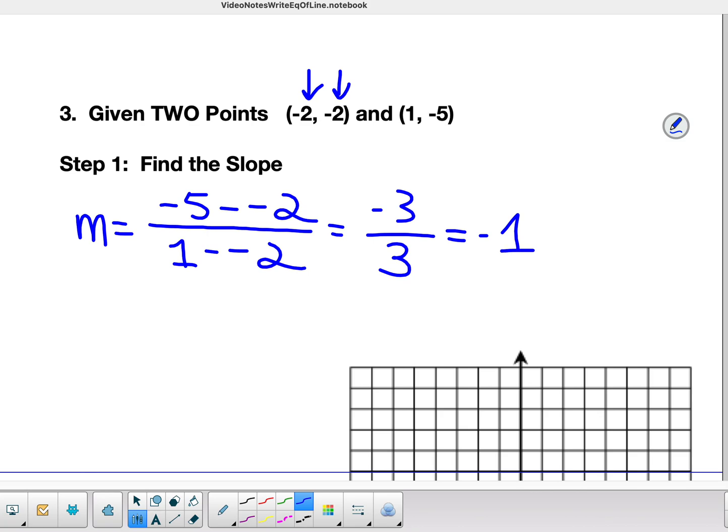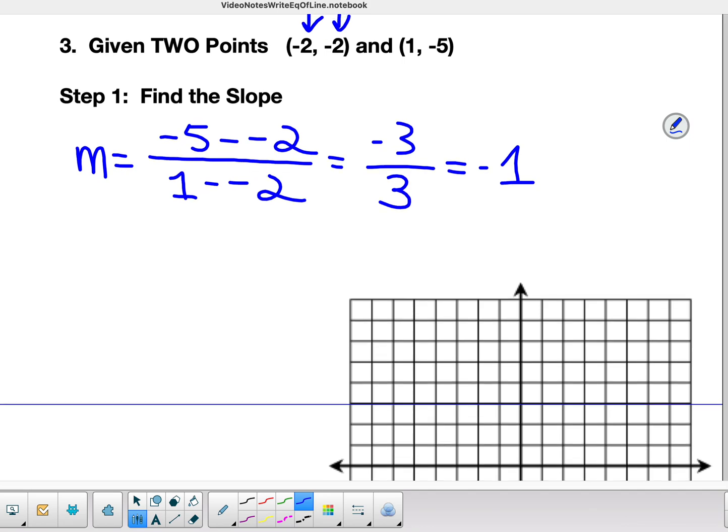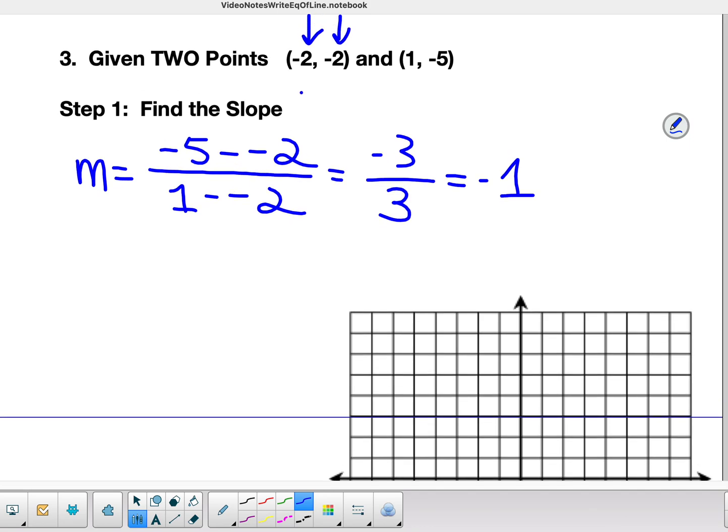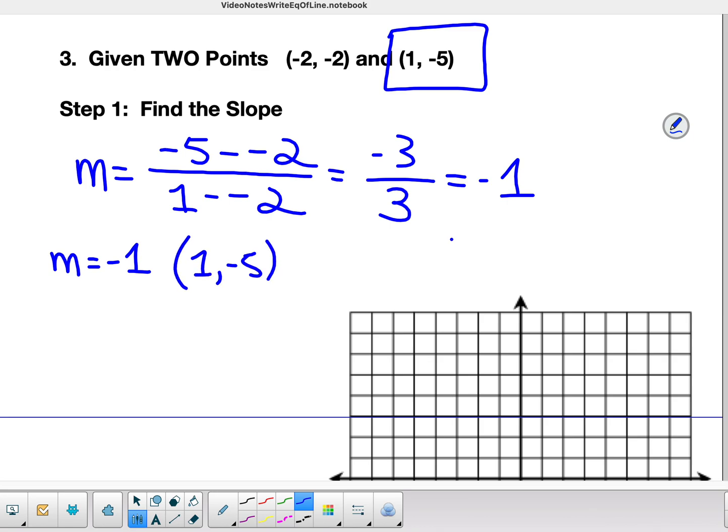And now the process is exactly the same, except I can choose to use either ordered pair. It doesn't matter. I can choose the ordered pair that I want. So I'm going to go with the ordered pair 1, -5, and that's just my choice. So I'm going to say that my slope is -1, and the ordered pair that I'm using is 1, -5.